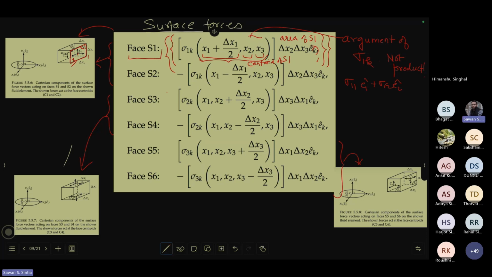Exactly this point. So I need sigma 1, 1 or 1, 2 or 1, 3, not at Q, at least as far as this expression is concerned. I need it at the centroid of the face. That's what I'm trying to express using this long argument here.